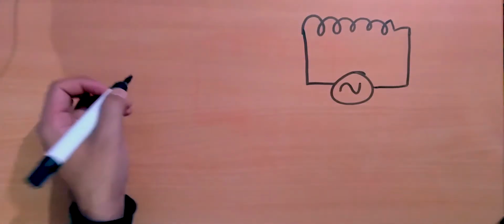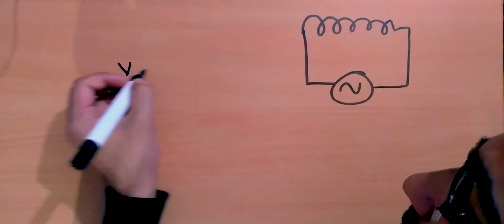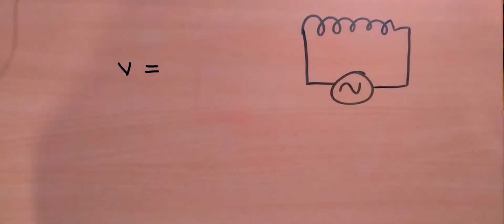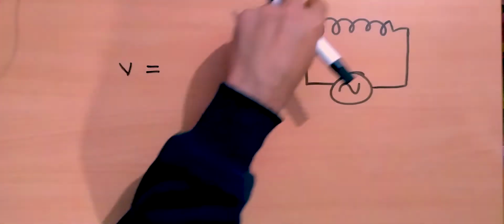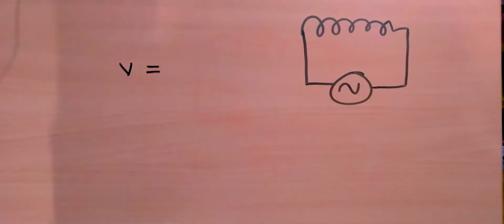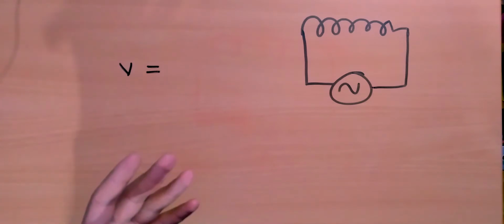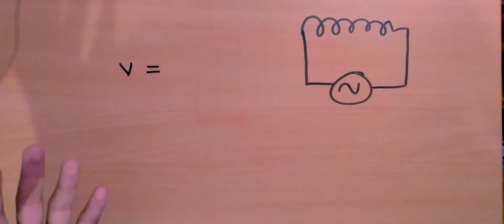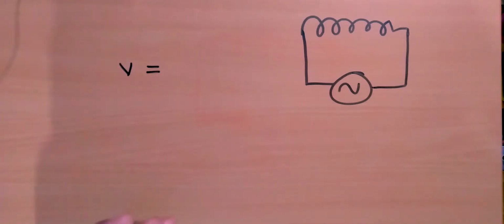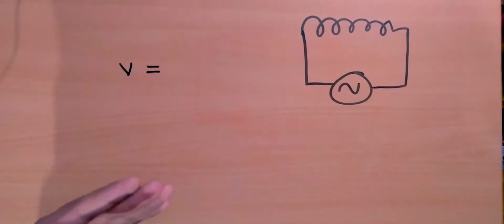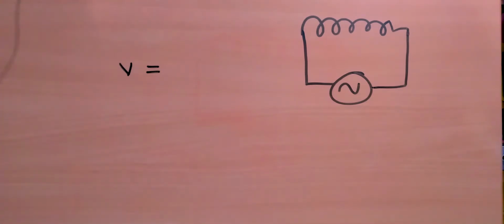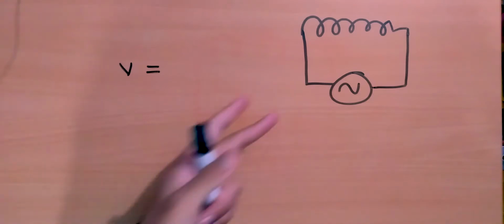So now we can write an equation for that, which is the source voltage should equal the drop in potential. Now the problem here is that we don't have any resistance, so there is no energy loss in the form of heat, because there is no resistance.